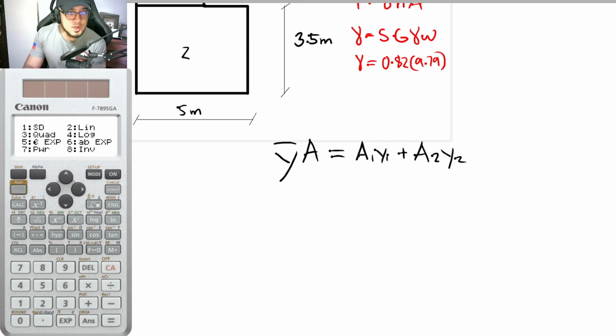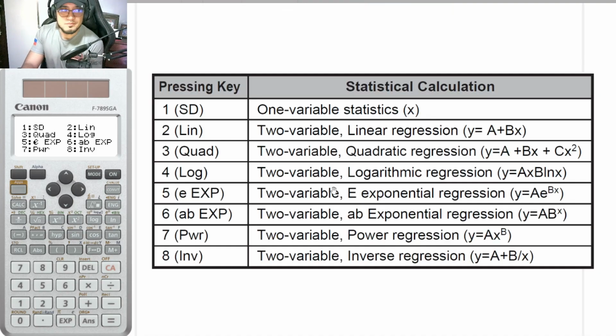There are many methods in stat mode. We have SD, LIN, quad, log, exponential, and so on. So what are these? These are the statistical calculations used by the Canon 789 SGA.